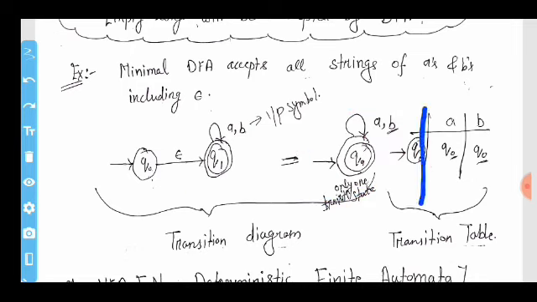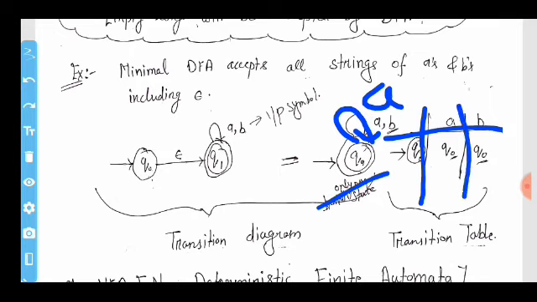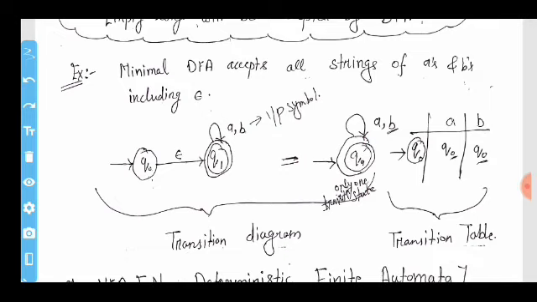So as per the DFA statement, when the state is Q0 and the input symbol is A, then the output state is also your Q0, and there is only one output state, your Q0. So this is accepted by DFA. And as well, when we give B input, the output state or transition will be your Q0, which is represented on this side.